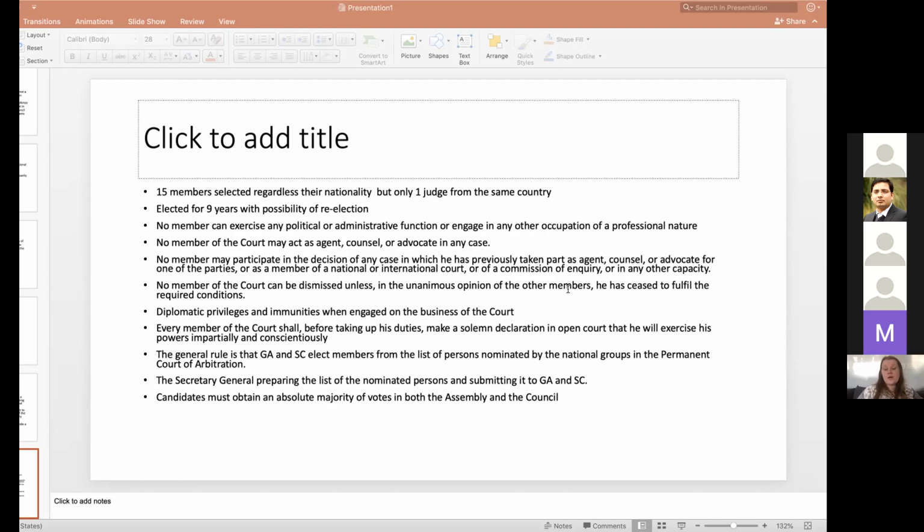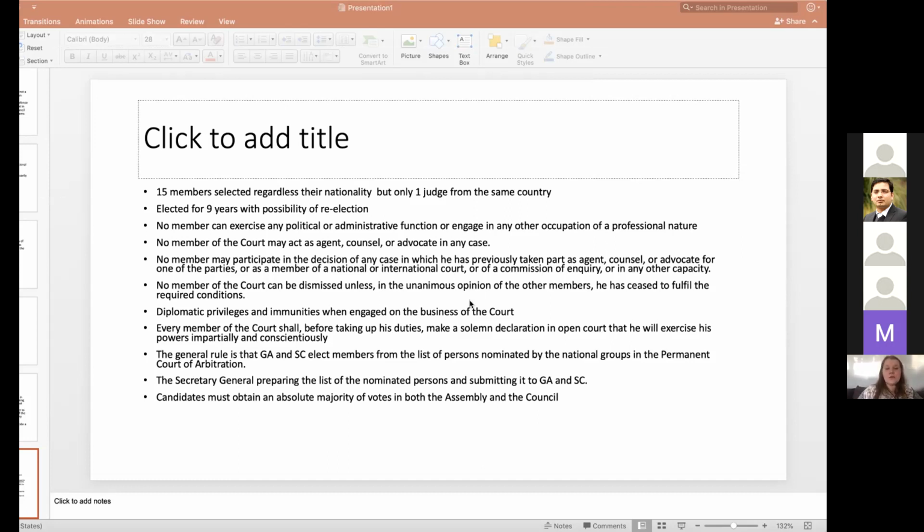No member can be dismissed unless it is the unanimous opinion of the other members that he has not fulfilled the conditions which I just mentioned. Of course, judges also enjoy diplomatic privileges and immunities when engaged in the business of the court.